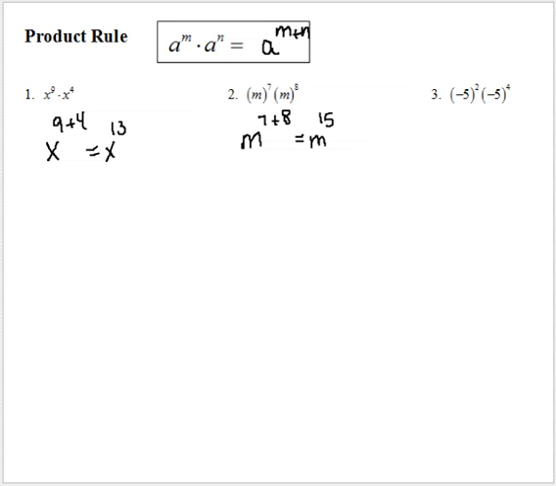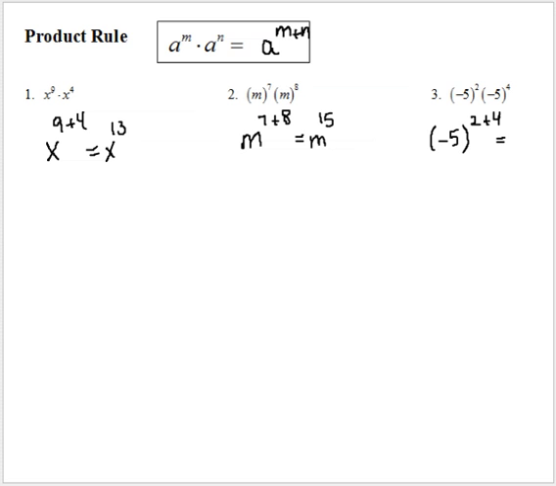Okay. Sandra, next one would be negative 5 to the power of what? You put 6. That would be 2 plus 4 is equal to 6.